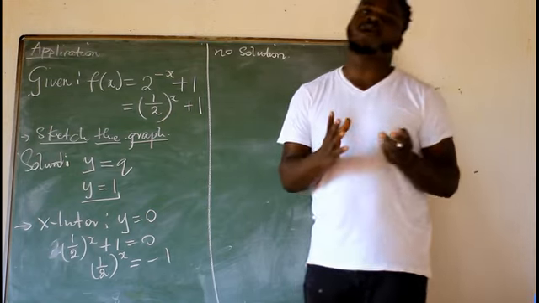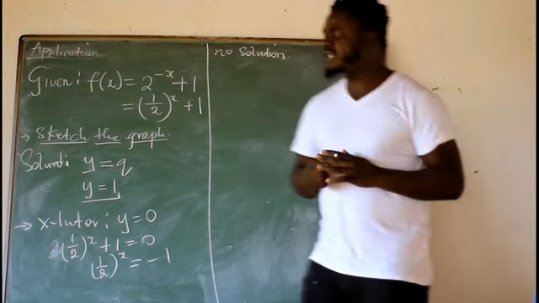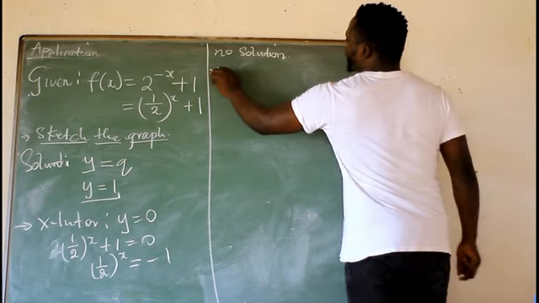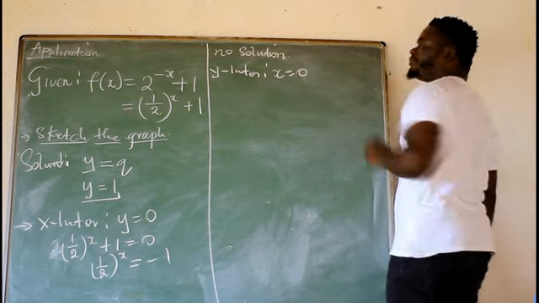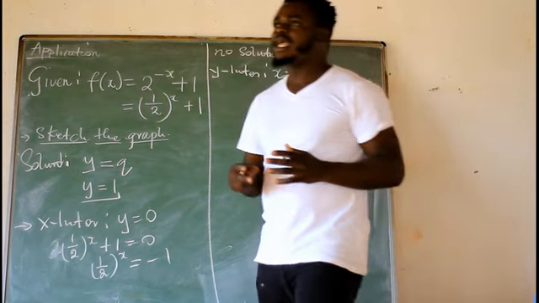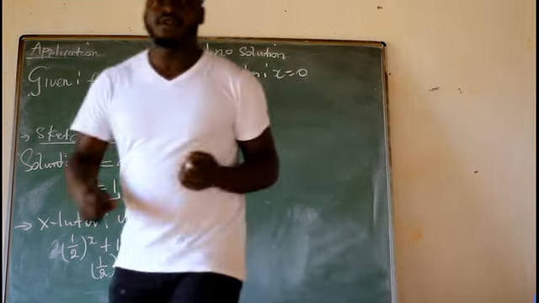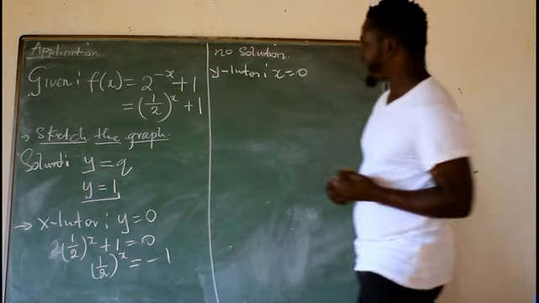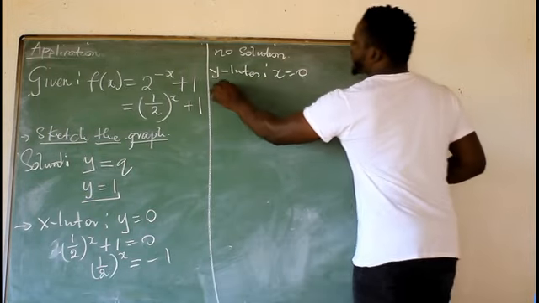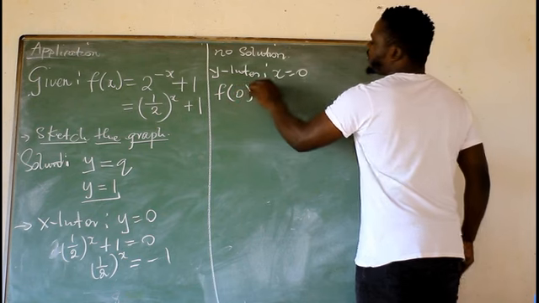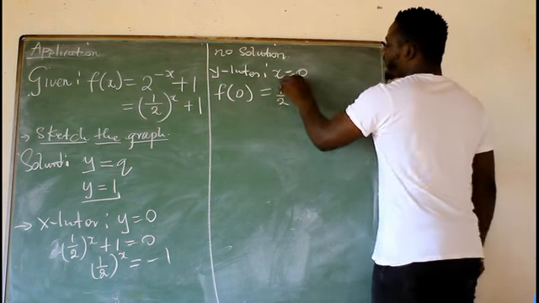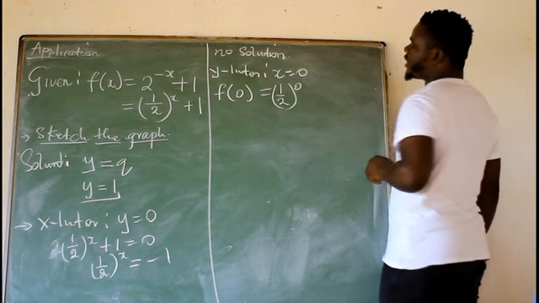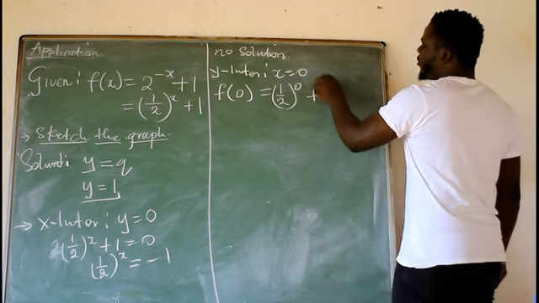Then we go for the y-intercept. For the y-intercept, x equal to 0. Then you say f of 0 equals 1 over 2 to the exponent 0 plus 1.